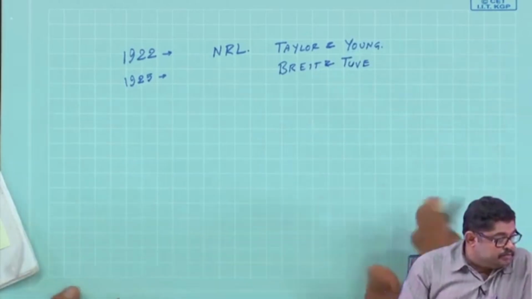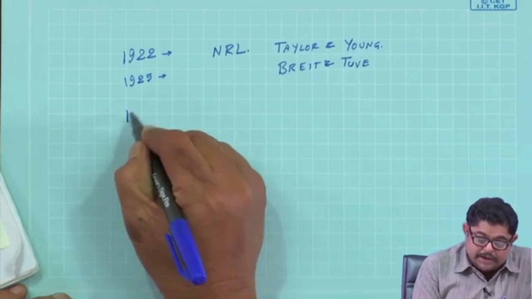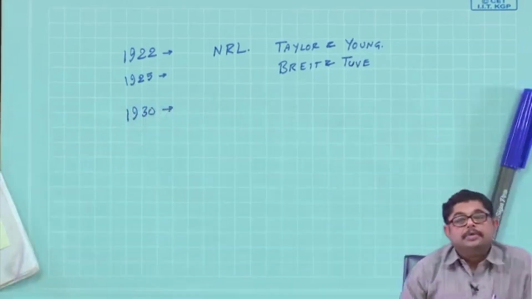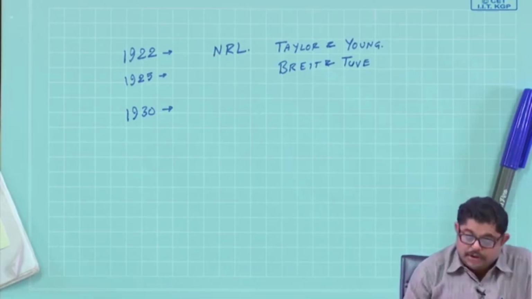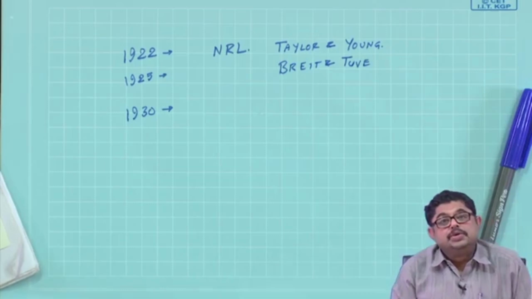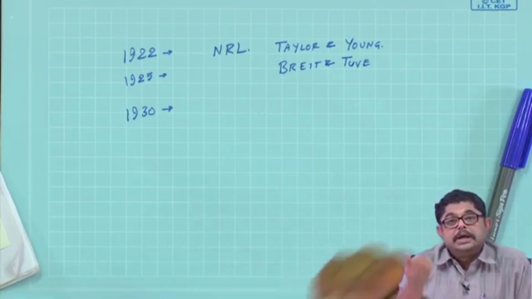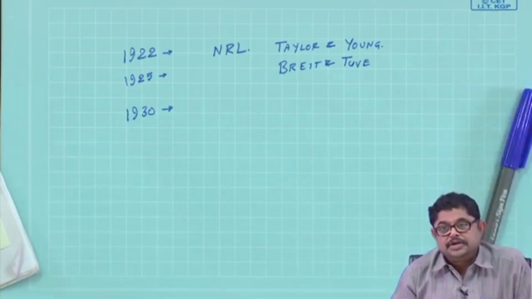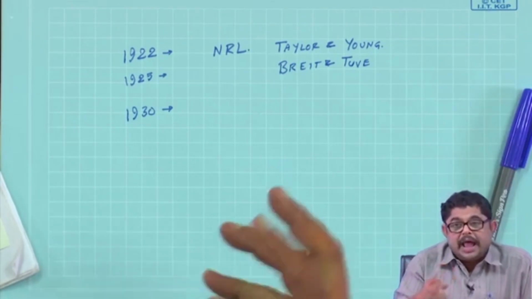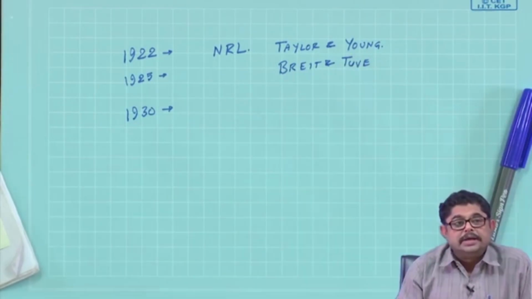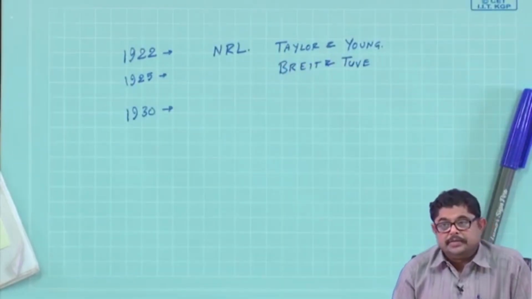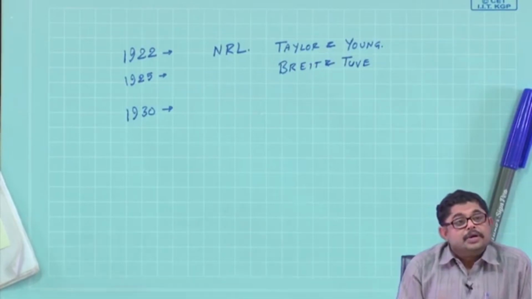And in 1930, the Naval Research Lab understood the importance of detection by radars. In those days, if an enemy ship is coming, you want to detect it as early as possible so you can take some measure to counteract it.